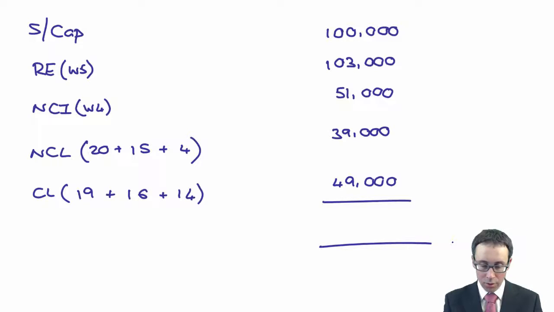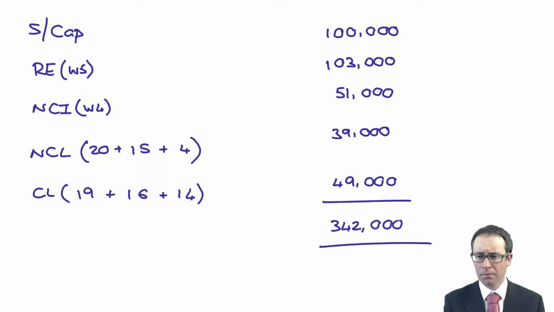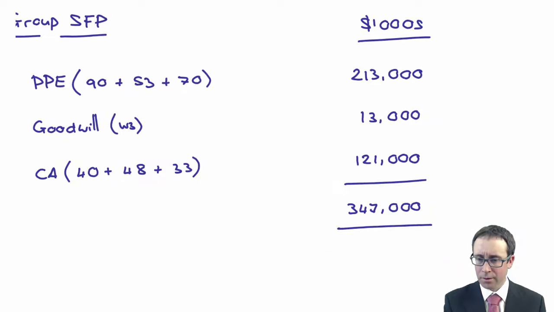Totaling that up, 100 plus 103 plus 51 plus 39 plus 49 gives me 342,000, compared to 347,000. We've gone through there and made an ever so slight mistake, haven't we?